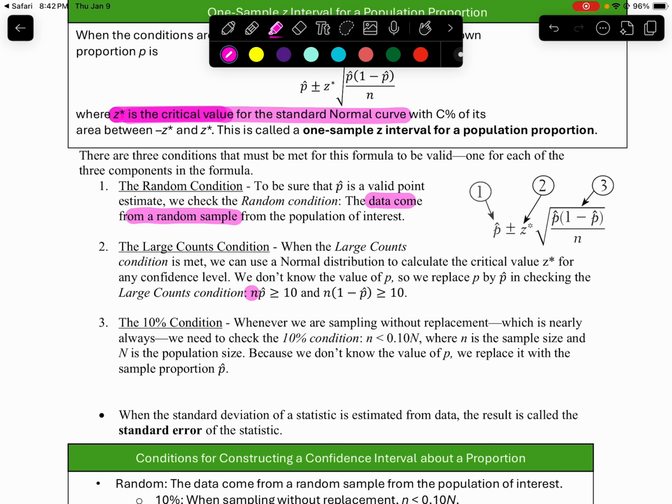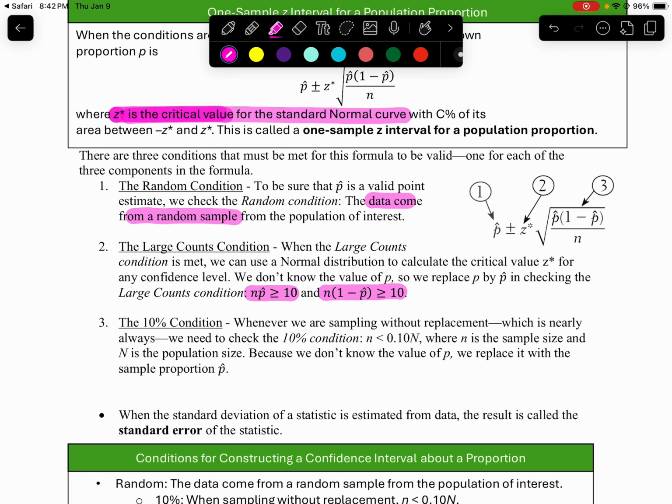So that means we need n times p hat greater than or equal to 10, and n times 1 minus p hat greater than or equal to 10. Usually it's n times p, but a lot of times we're not going to know the actual population proportion. That's what we're trying to figure out. So we need to use our sample proportion in place of that to make sure both of these conditions are met. That's why it looks very familiar, but it's slightly different.